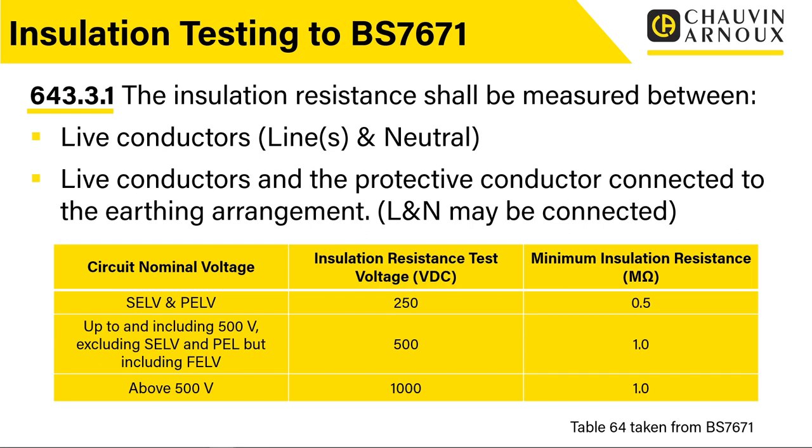Well, it does matter, because when we're checking to the protective conductor with it connected to the earthing arrangement, that means it's also connected to the bonding, to pipe work, to structural steelwork and things like this. So if there is a short between the live conductors and, say, a water pipe, we would pick that up by doing this test, because the protective conductor is connected to the earthing arrangement, and everything's connected to the earthing arrangement.